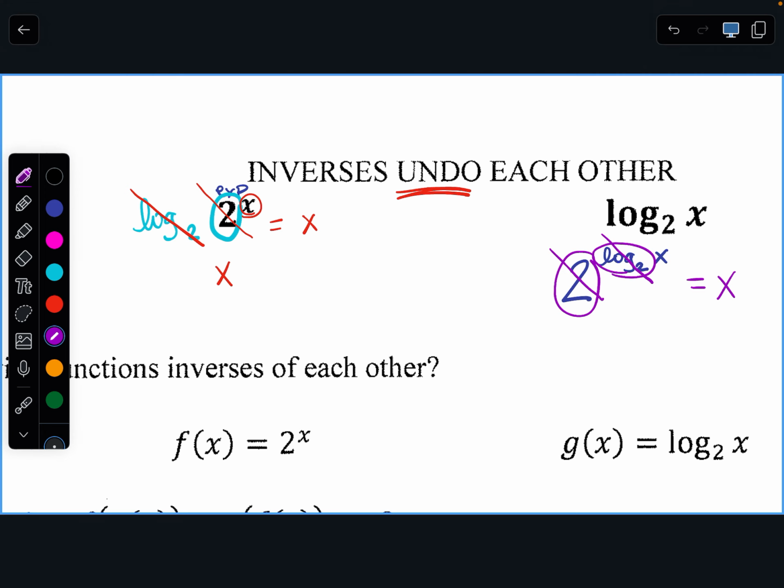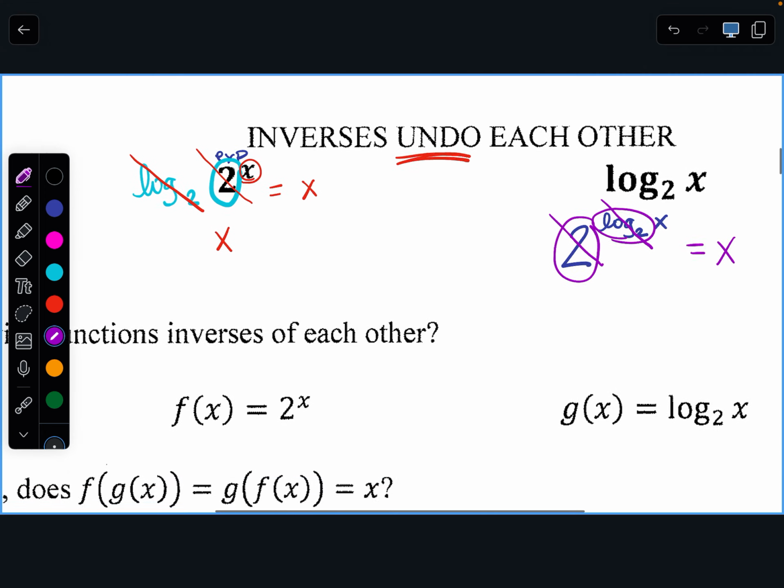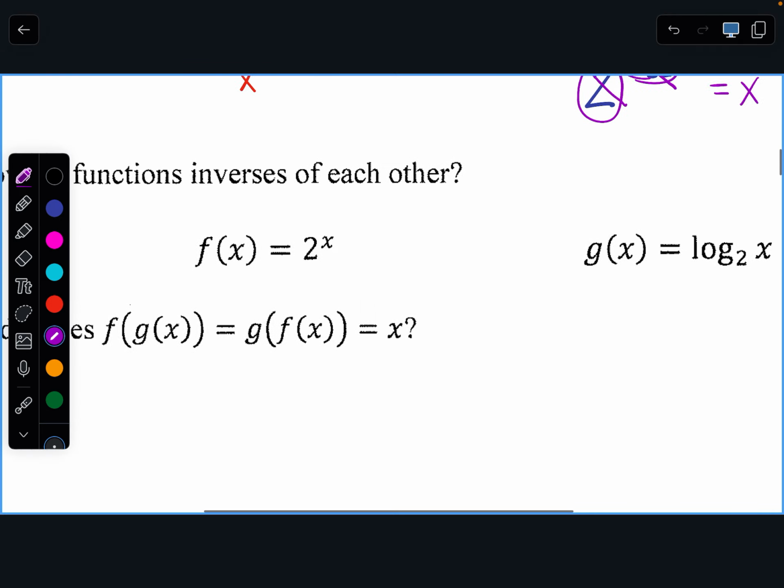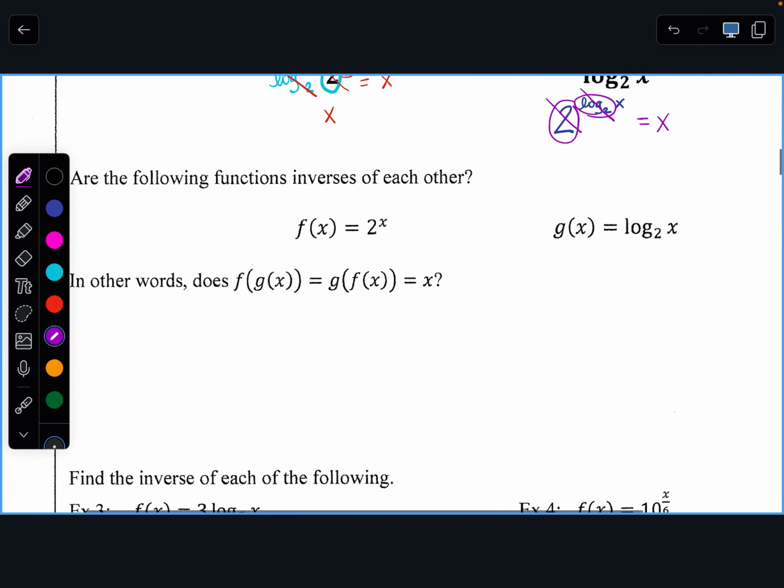So how can we prove that these are actually inverses of each other? We're going to use the same definition of inverses. Remember that f of g of x should equal g of f of x, which should also equal the value of x and nothing added. Okay, so let's verify to make sure that this works.